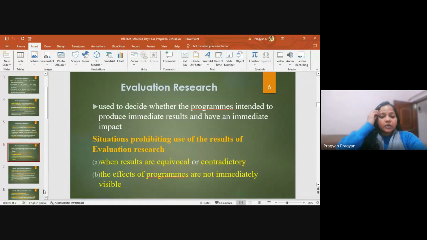That means you are not able to promote or to deduce just one clear cut generalization by this kind of studies.